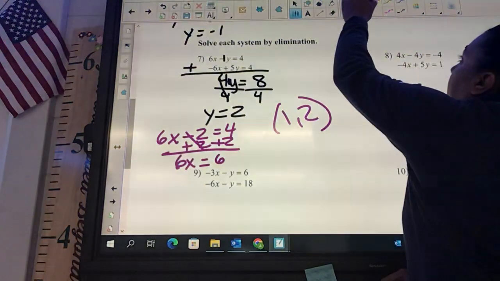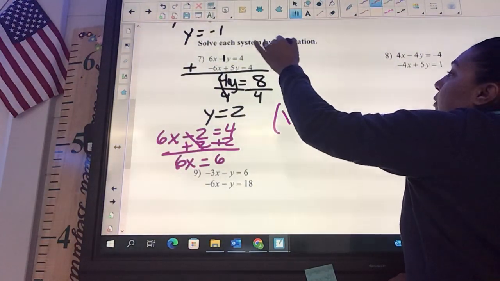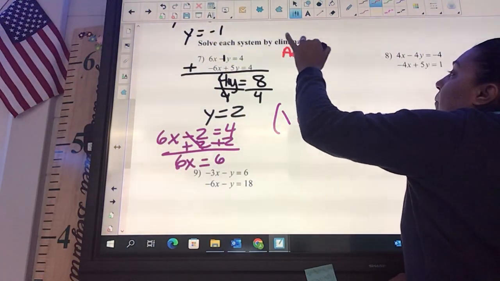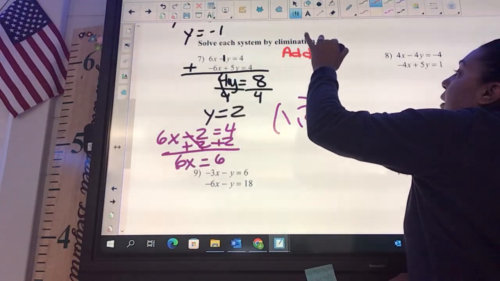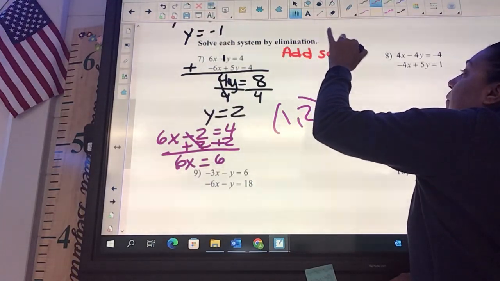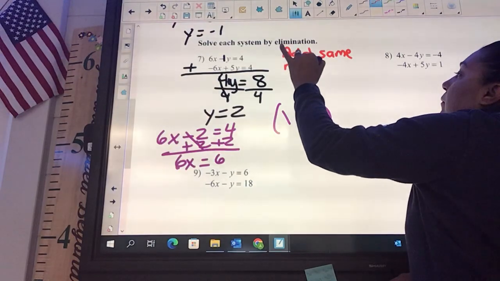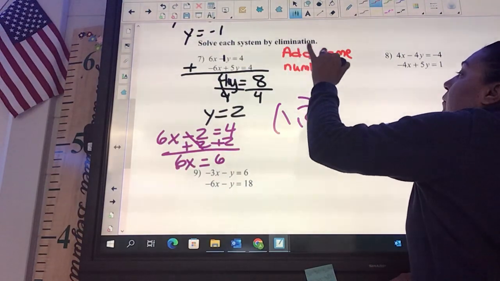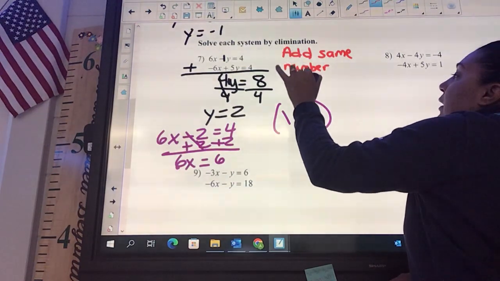Okay, somewhere on here, if you want to write, you add them when you have same number, different signs.